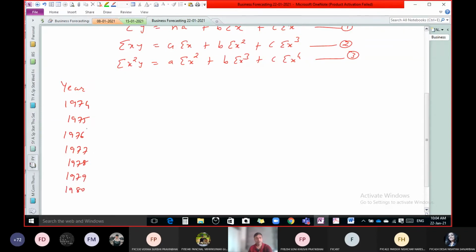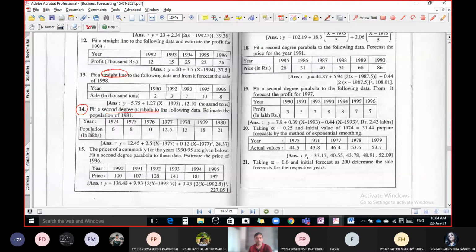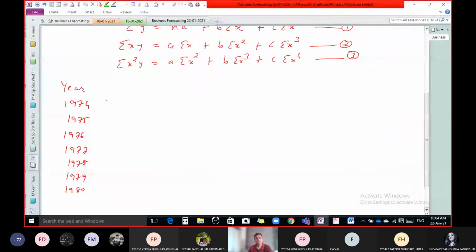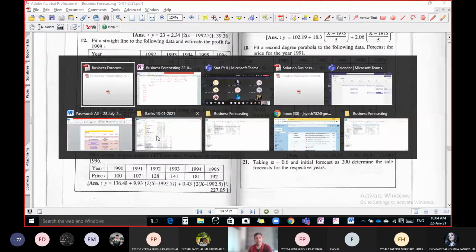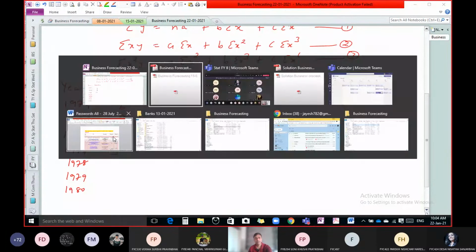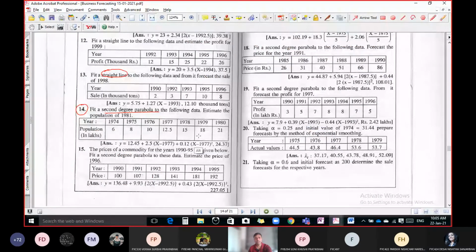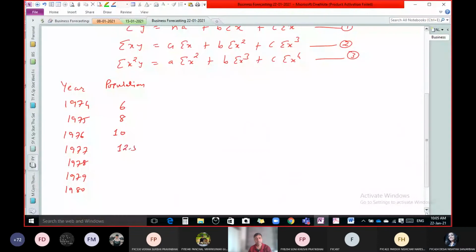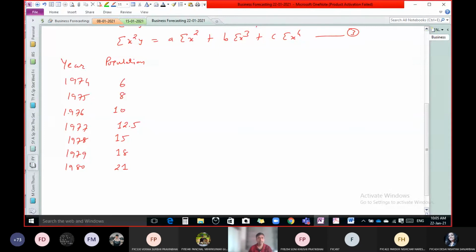So we have data for 7 years, and the population in terms of lakhs is given: 6, 8, 10, 12.5, 15, 18, and 21.